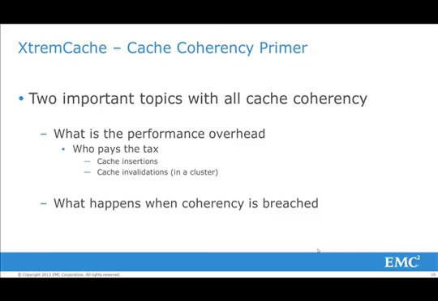If it's not done correctly by the cache software, it may not be as noticeable, but there's no secret. What happens when cache coherency is breached is glaringly obvious. There's either a service interruption or data corruption. So, no secrets here. Cache coherency is the most important aspect of clustered cache software.